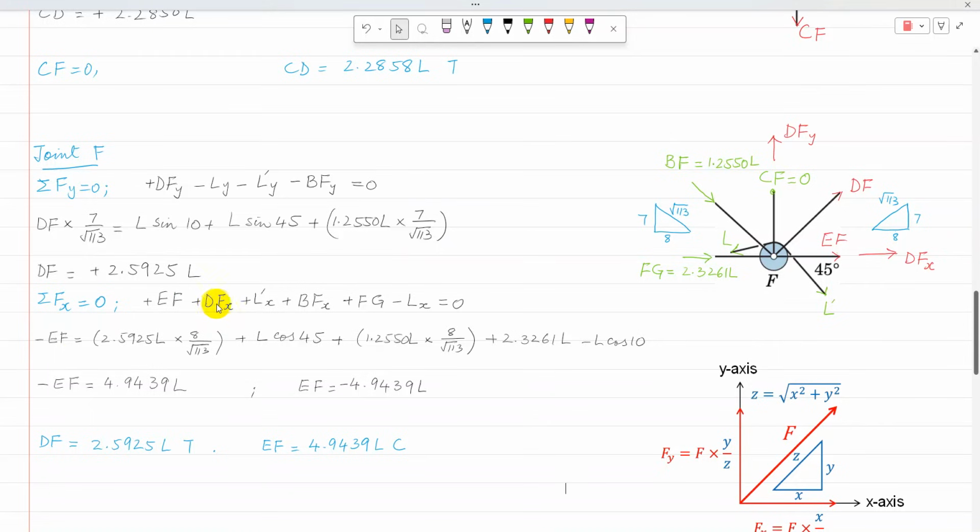Writing the components of DFx, L dash x is L cosine 45, substituting the value of FG, and Lx is minus L cos 10. Simplifying, EF is minus 4.9439 L. A positive DF means that DF is in tension, and a negative EF means that EF is in compression. So that is the solution of joint F.